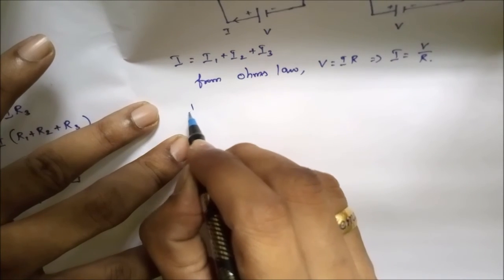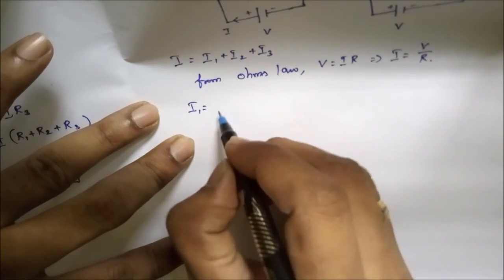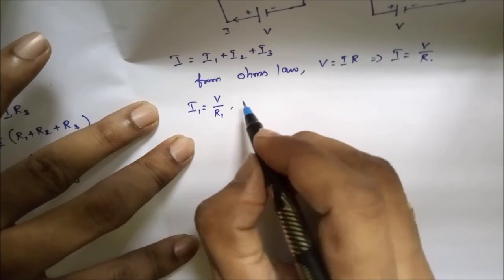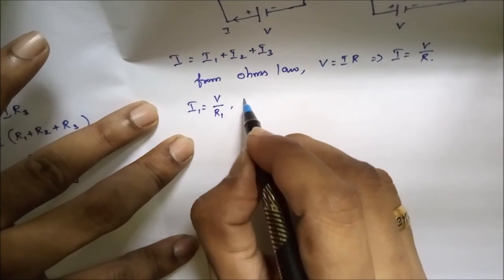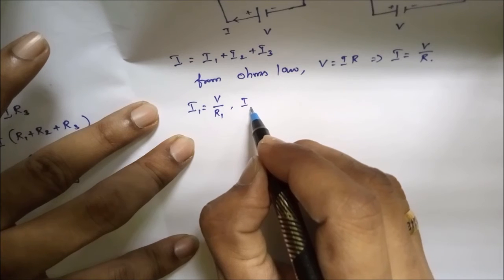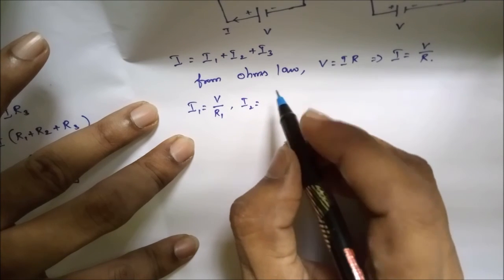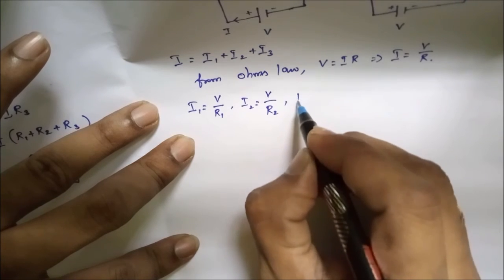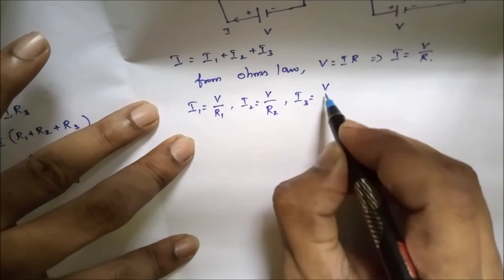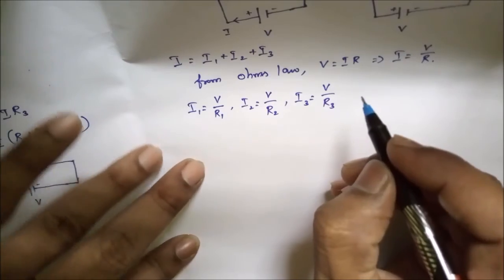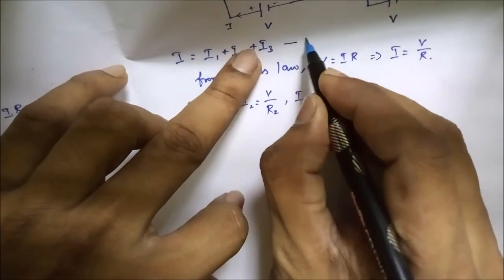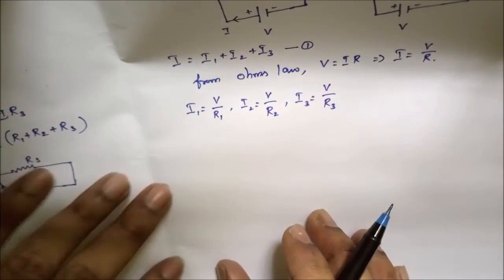Now what is I1? I1 is equal to V divided by R1, because the same potential is applied across R1, R2 and R3. So I2 is V divided by R2, I3 is equal to V divided by R3. And now this value we have to substitute in this equation, equation number 1.